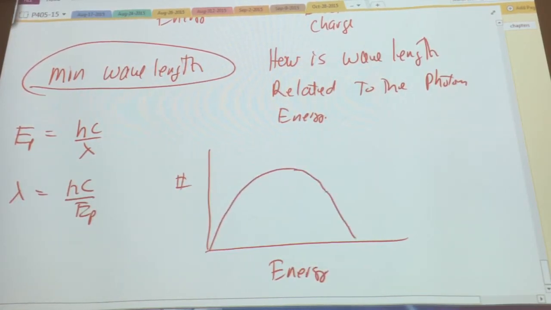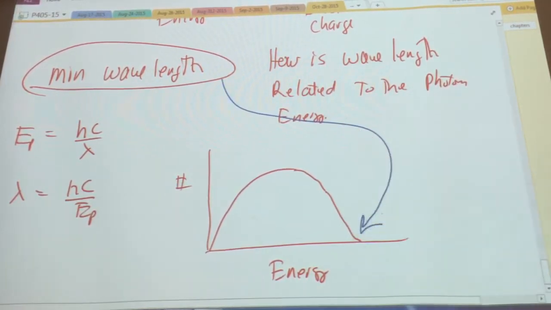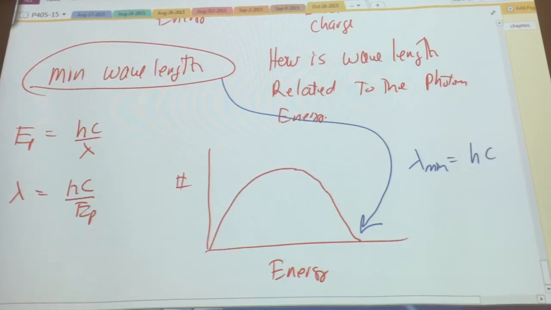So they make a big deal about how this point here is the minimum wavelength. Lambda minimum is equal to hc over the maximum photon energy.